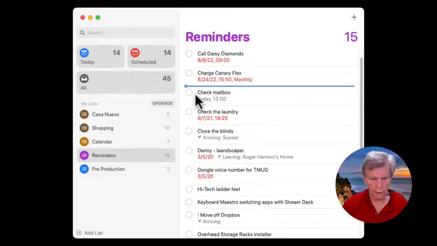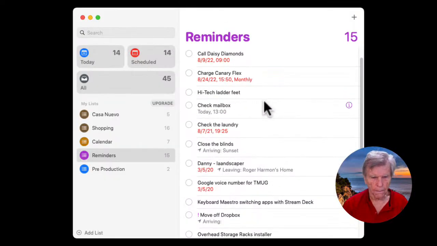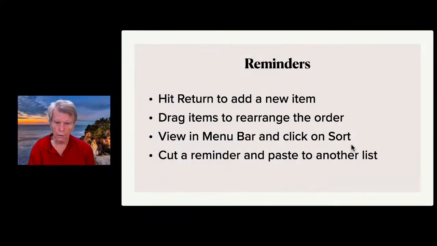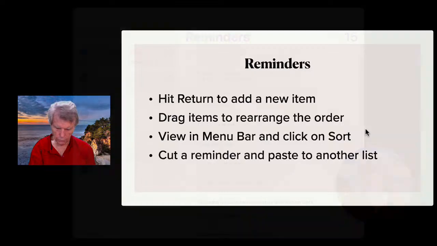Wherever that line goes, that's where that task will be repositioned. You can also go to the menu bar and click on Sort, and you can also cut and paste a reminder from one list to another.